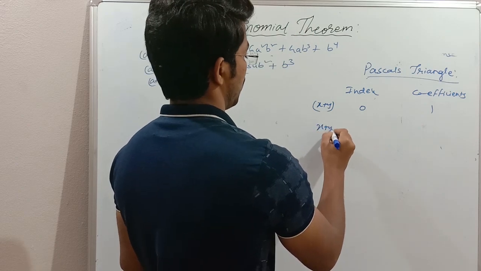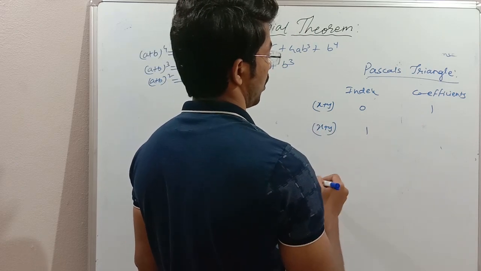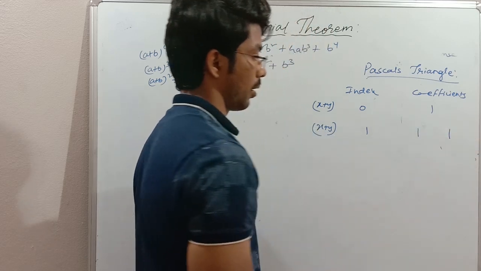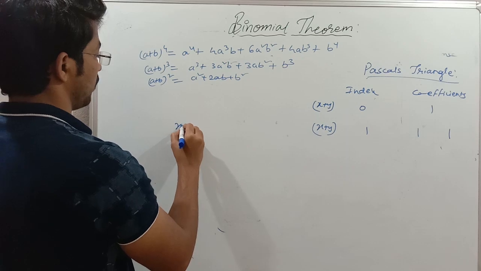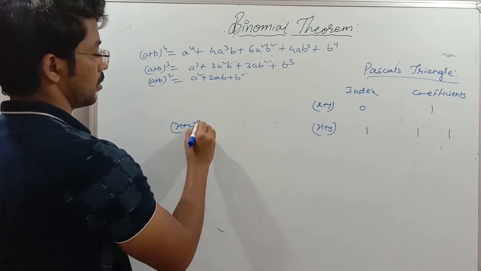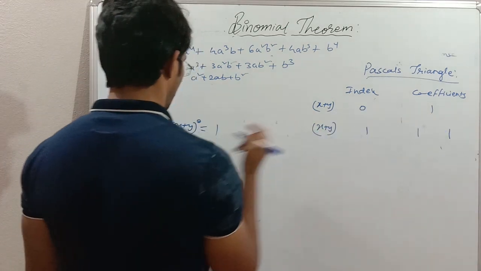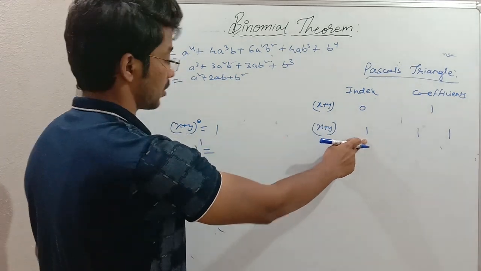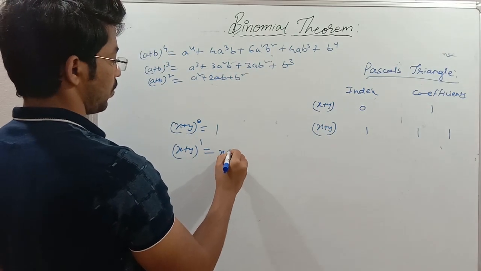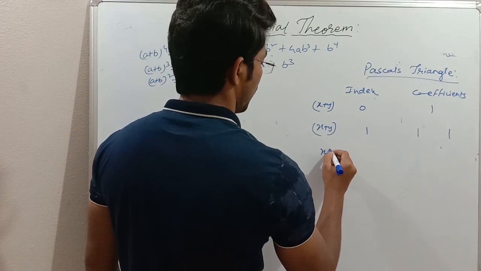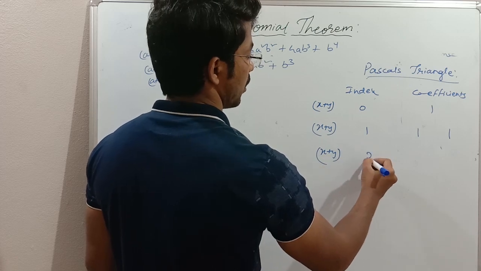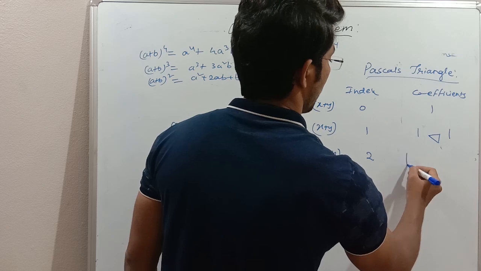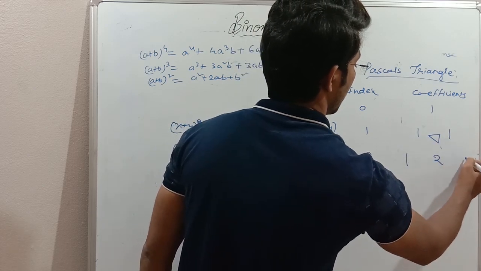Now if I take the index as 1, the coefficients will be 1 and 1. See, (x plus y) whole power 0, the index is 0, so the coefficient is 1. Next, (x plus y) whole power 1, the coefficients will be 1 and 1. Now if I take the index of (x plus y) 2, then 1, 1 plus 1 is 2, and 1.